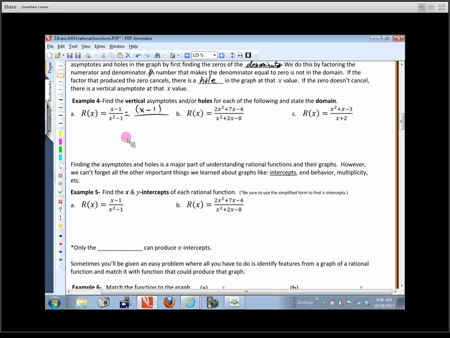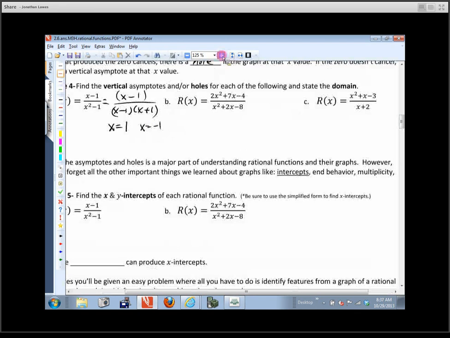X squared minus 1. Nope, that is a difference of squares. So that's going to be x minus 1 and x plus 1. Now, I can't have the denominator equaling 0, and that will happen when x is equal to 1 and when x is equal to negative 1. Correct?